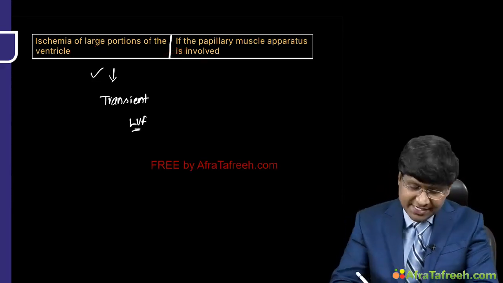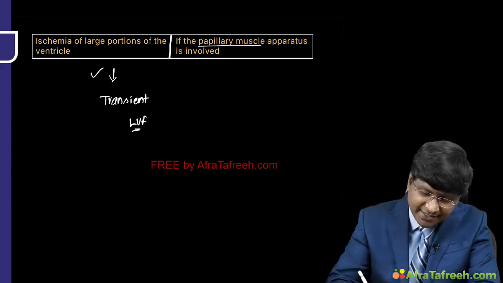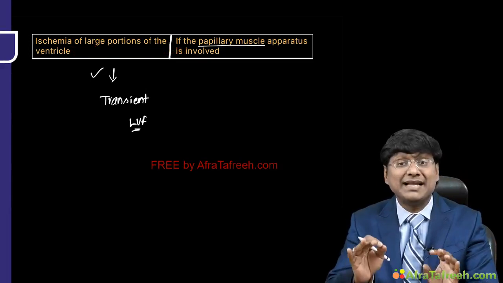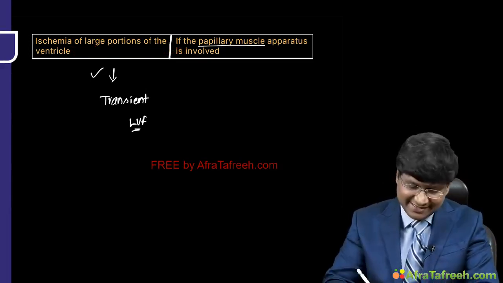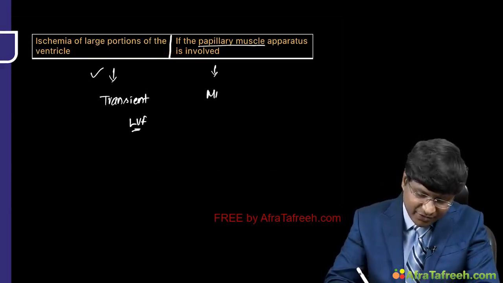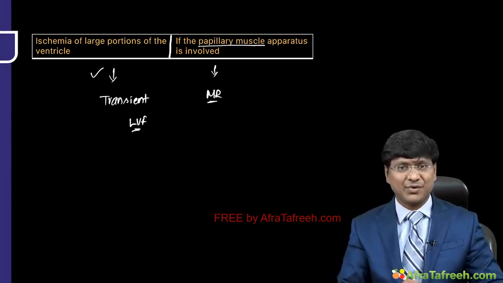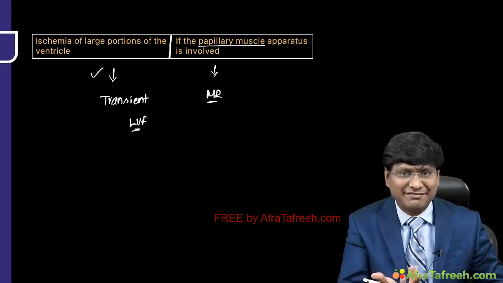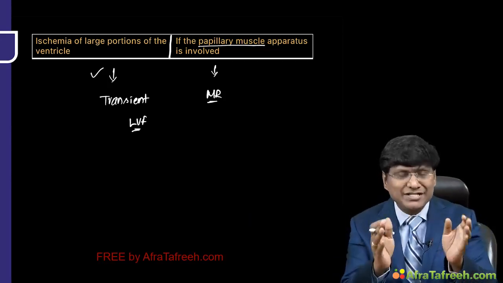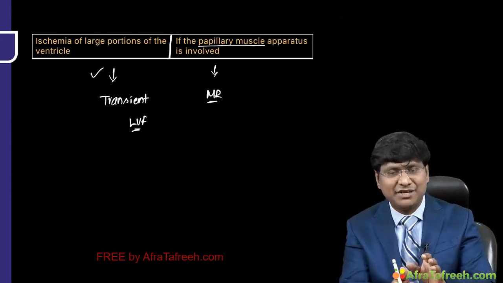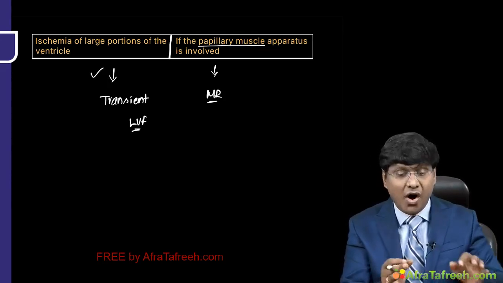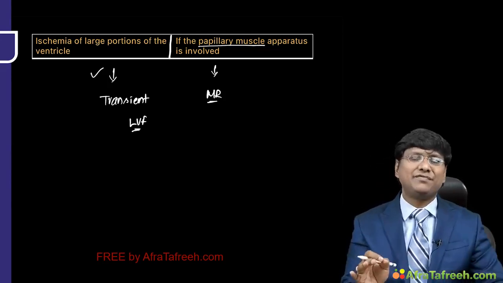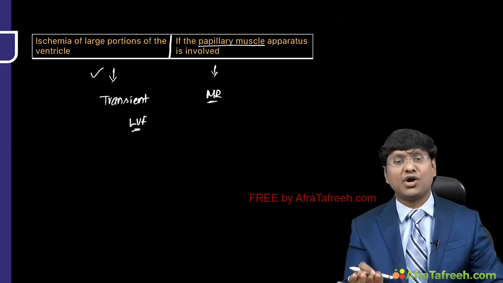And if there is ischemia in the papillary muscle apparatus, then that will contribute to the development of the mitral regurgitation. Okay. So the point is, the outcome of the individual depends upon how much area of the myocardium has been ischemic or infarcted, or is there any ischemia of even the papillary muscles also or not.